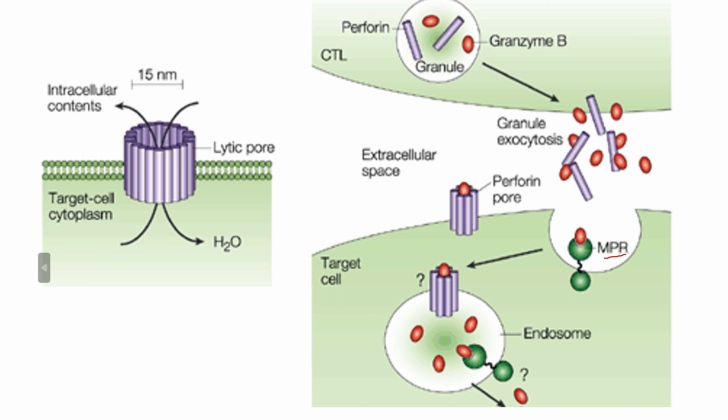It also binds granzyme B. Here is granzyme B, which binds to this receptor, is internalized and appears inside a vesicle. The perforin is internalized at the same time and forms a pore that releases granzyme B from the vesicle into the cytoplasm of the target cell.